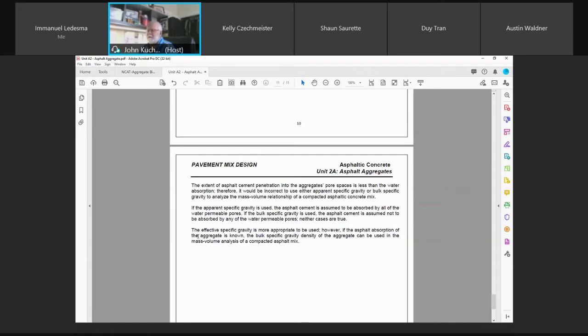That's why we work with effective. The effective specific gravity is more appropriate to be used. However, if the asphalt absorption of the aggregate is known, then you can use the bulk specific gravity for your density calculations, if you know your absorption. And based on a lot of the problems that I've put out there, we can calculate asphalt absorption. Okay.